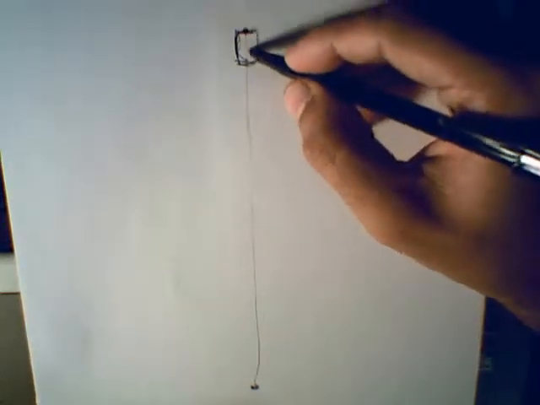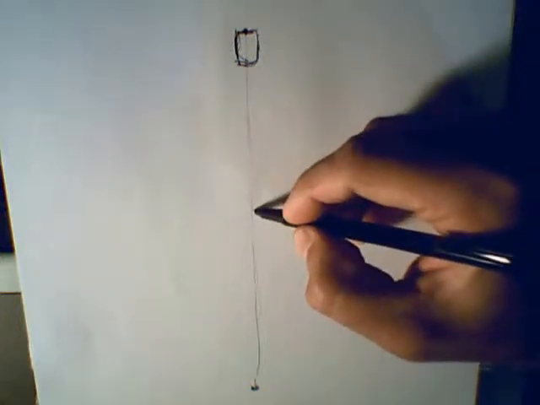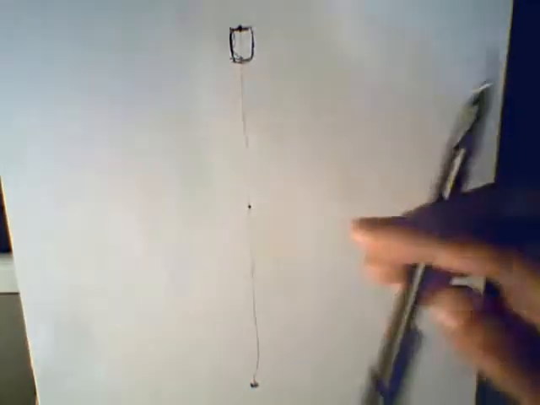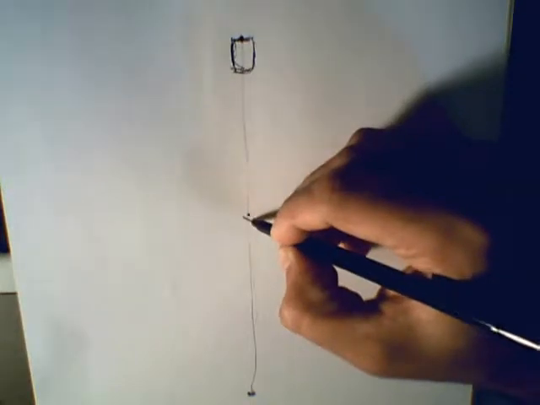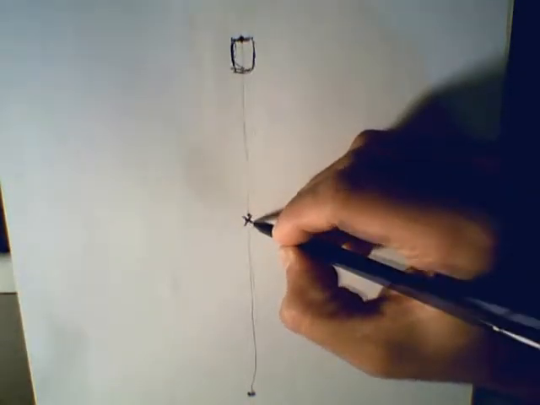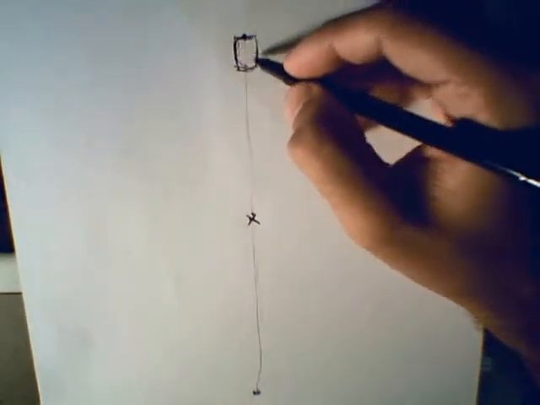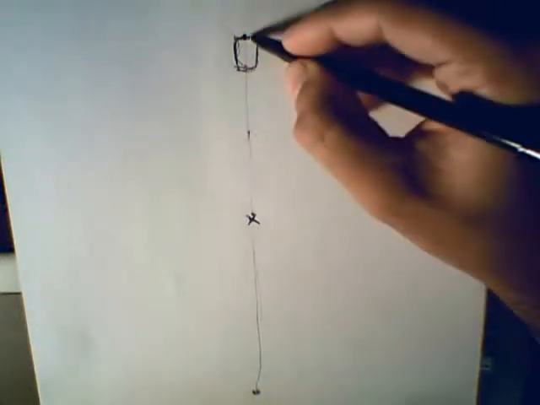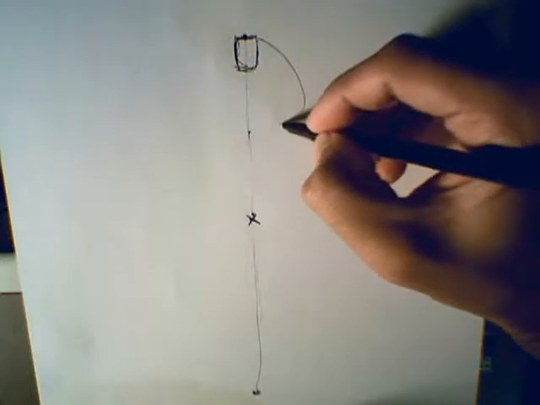So the first item is that I drew a line that I'm going to divide in half. So I'll measure this, make sure that it's about halfway, and I'll make an X here. And then I'll divide this guy in half. I'm going to make these arrows.